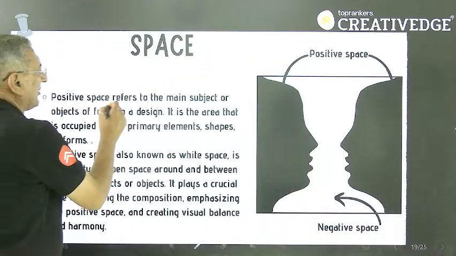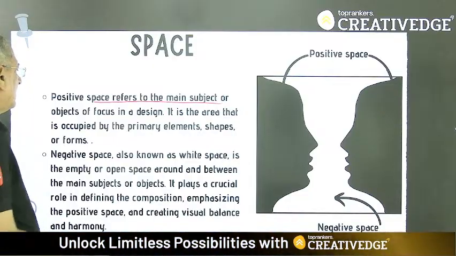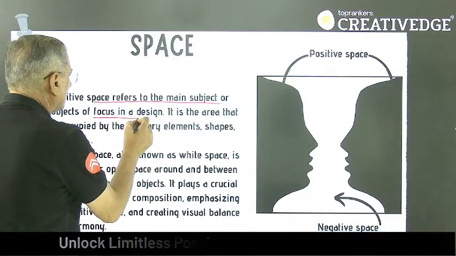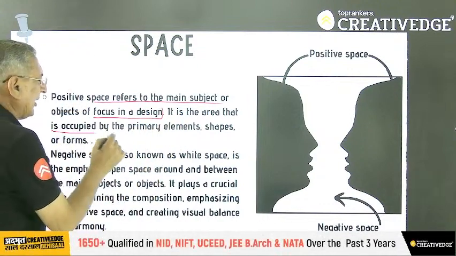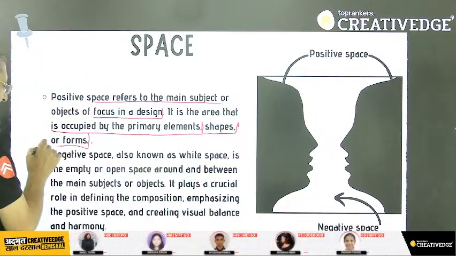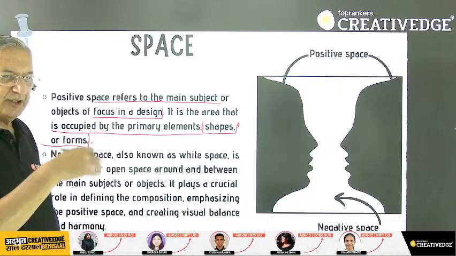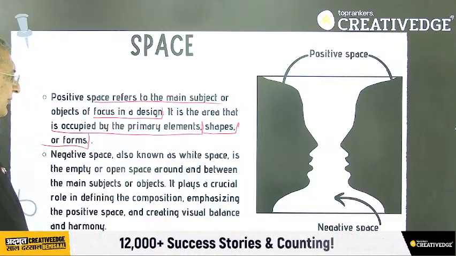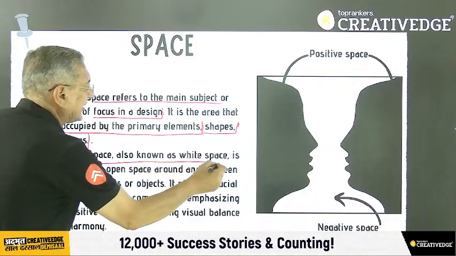Positive space refers to the main subject, the focus in a design. It is the area that is occupied by primary elements, shapes, and forms. We just read that, elements, shapes, forms. Whereas negative space is also known as white space.